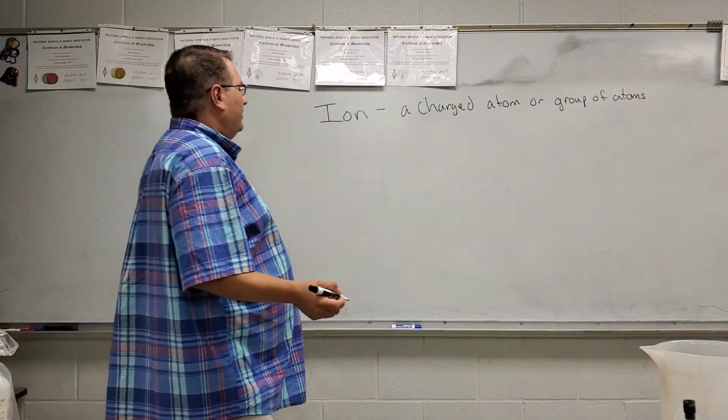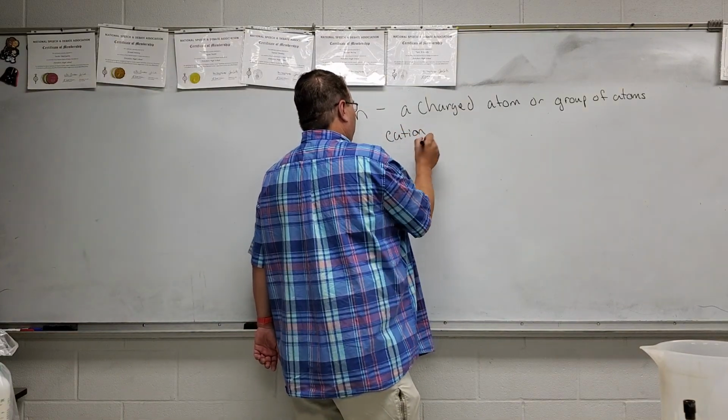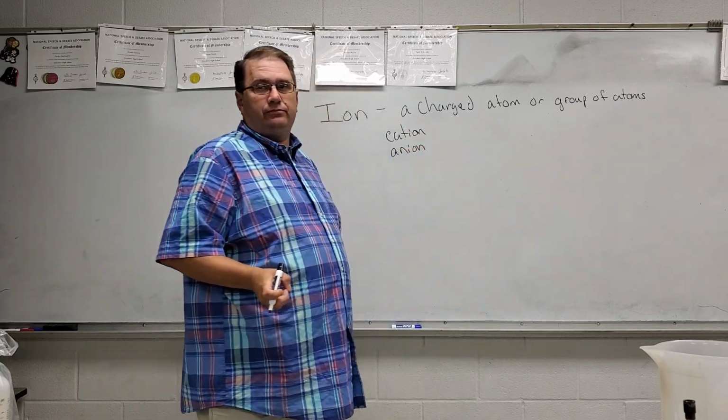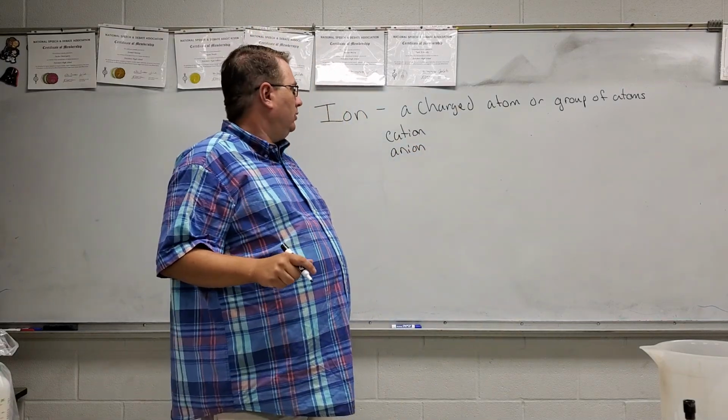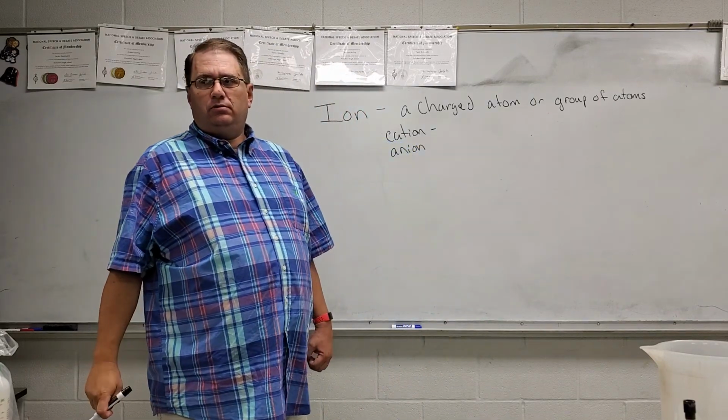There are two types of ions: a cation and an anion. A cation has what kind of charge? Positive.